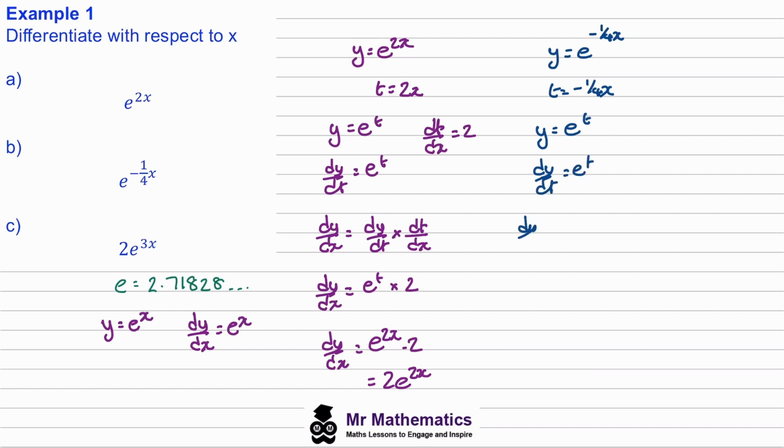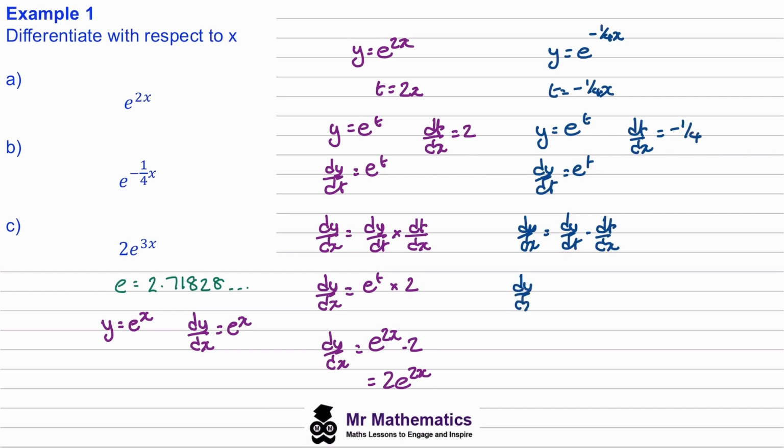To work out dy by dx, we need to multiply this by dt by dx, which we can find by differentiating t. So dt by dx is -1/4. So now we can substitute this and this into here.